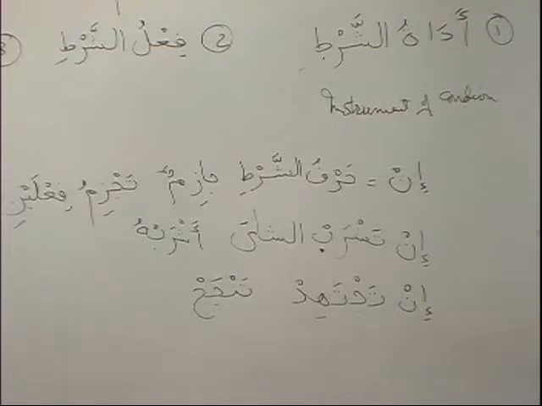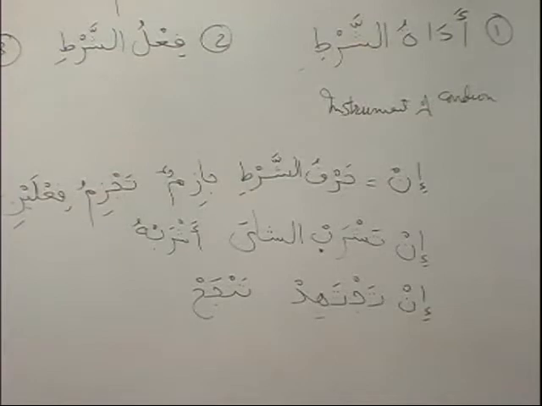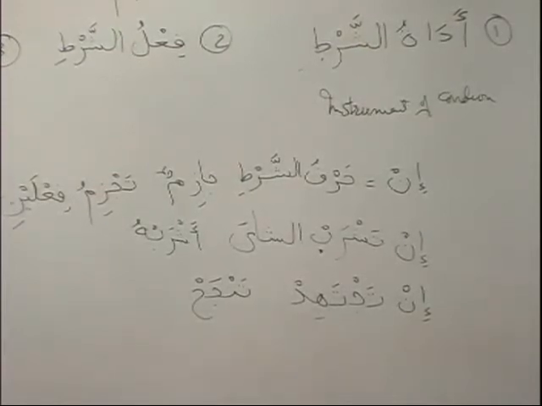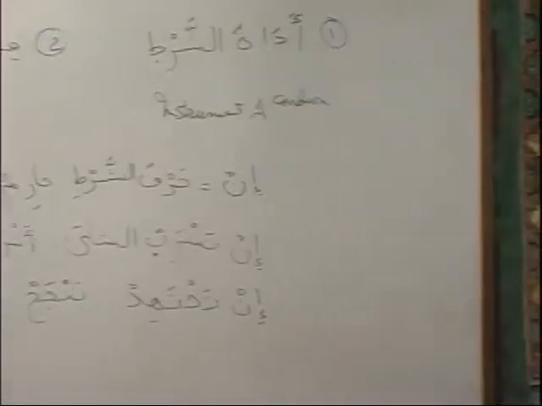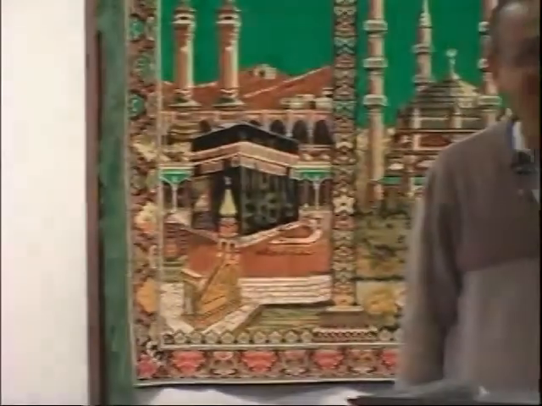Why did I bring too much zoom here? Because in will make tajzimu fi'alaini. It will give jazam to two verbs. And what are those two verbs? Fi'lu shart and jawabu shart. Are you with me, brothers and sisters?